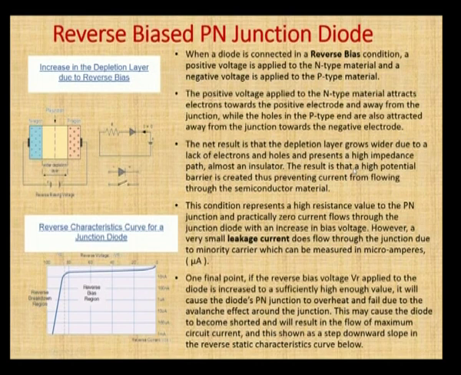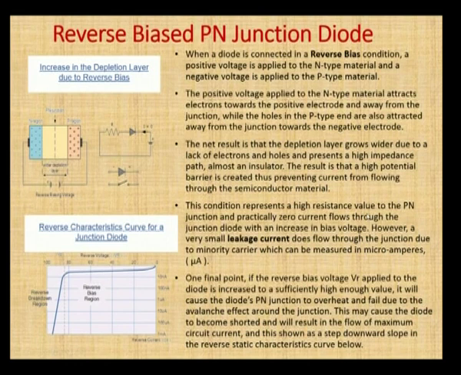The result is that a high potential barrier is created, the depletion layer width is increased, it becomes wider, so we can expect there will be no possibility of any conduction.